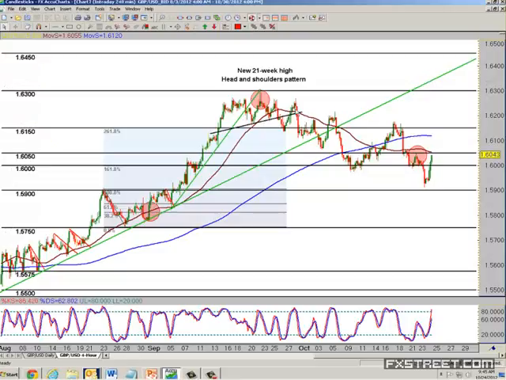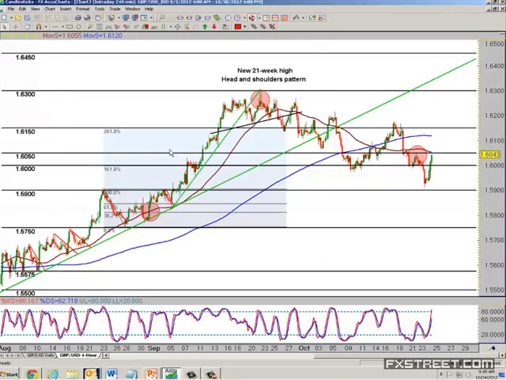You could call this a head and shoulders pattern, but there are a bunch of shoulders here, so I don't know if you could really call it that. So one head, and we have a very nice shooting star candle right here.